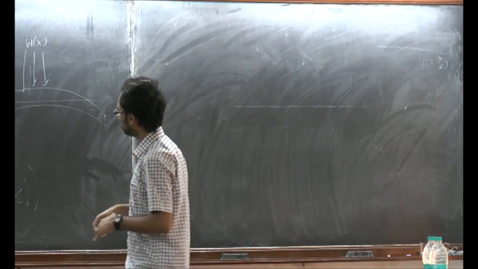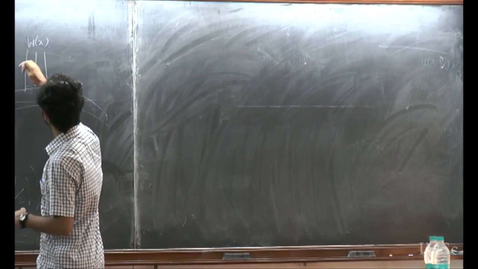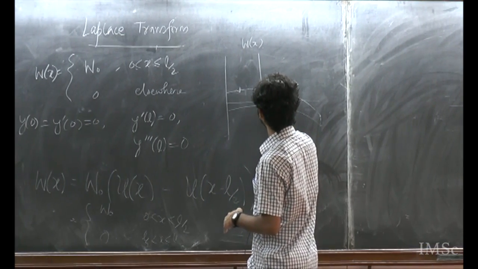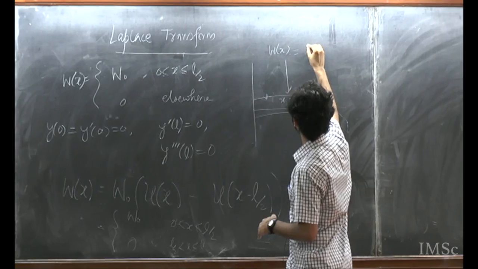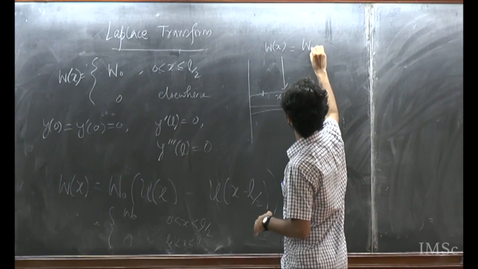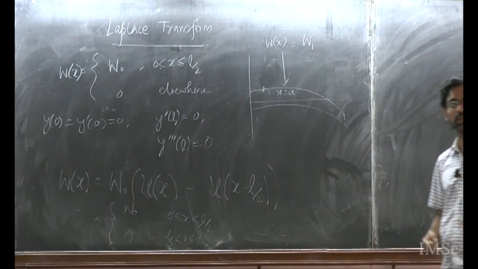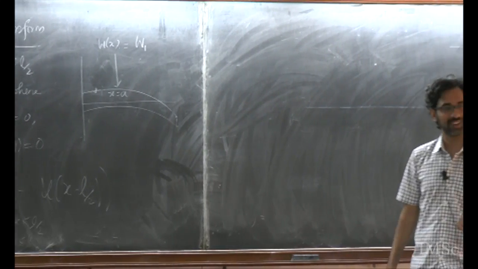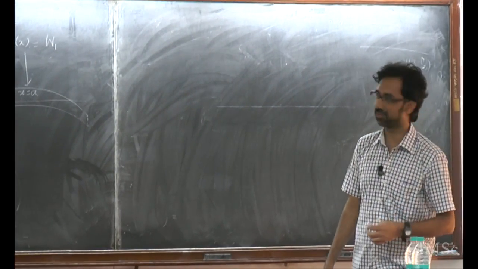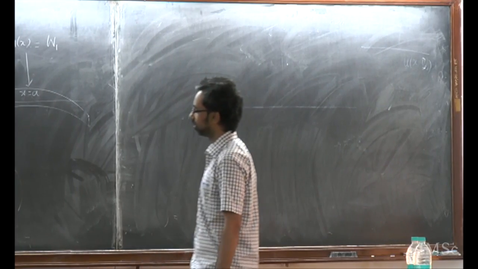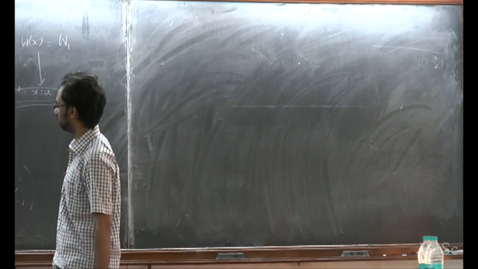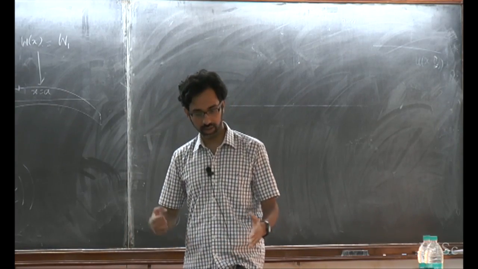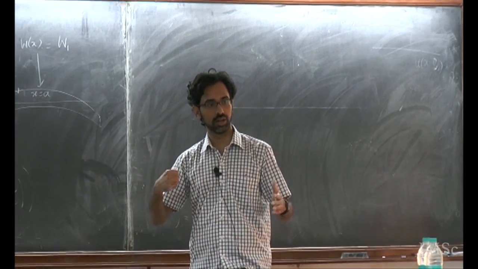Similarly, if I say that Wx at one point x equals a is some very high value W1 just at a single point. Okay? So, yeah. How do you model it? Dirac delta function. So this is the physical application of Dirac delta function. It's like a blow, okay? Impulse.